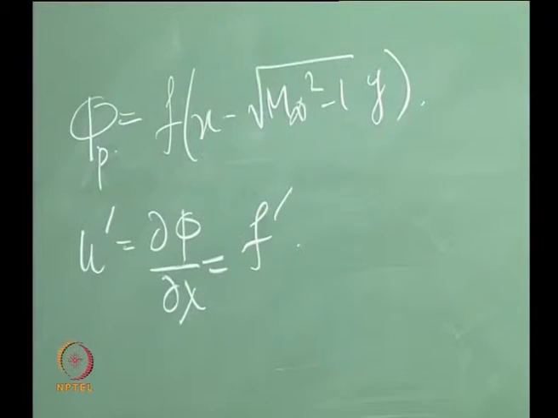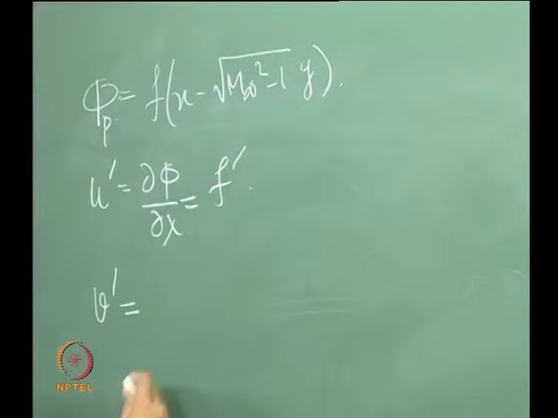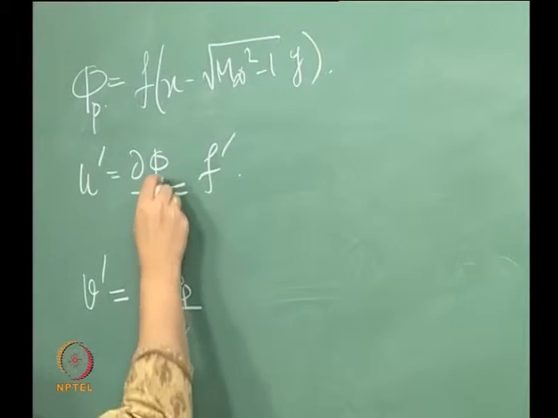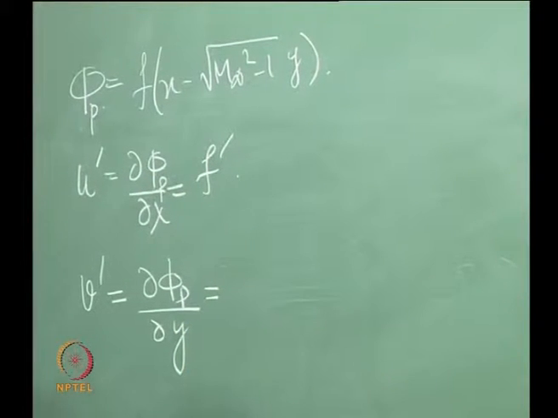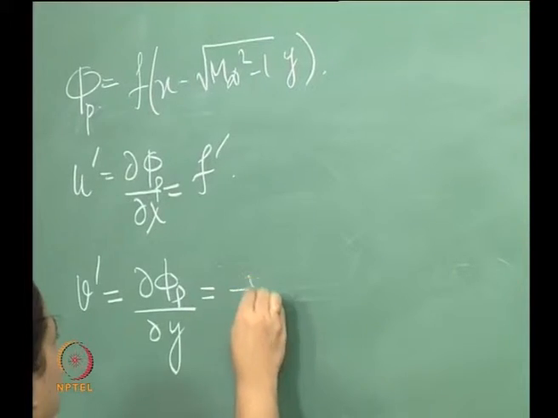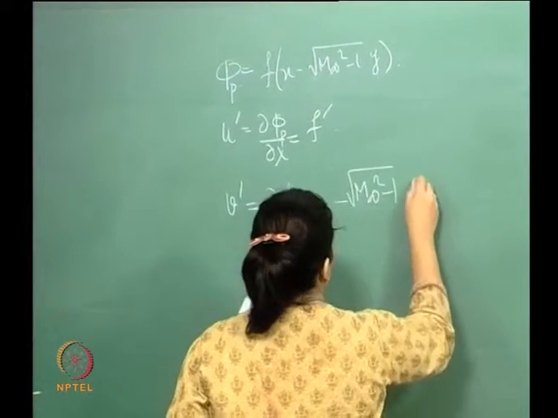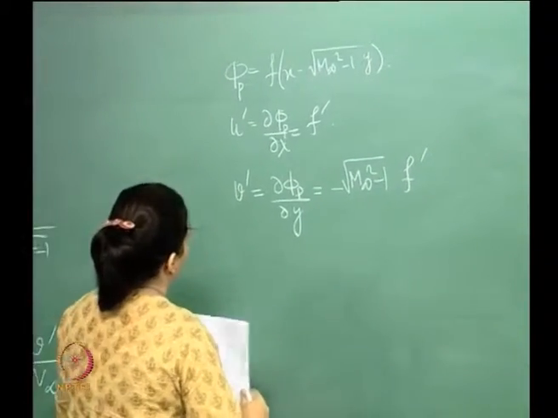Now v dash is equal to this, and this is equal to this.